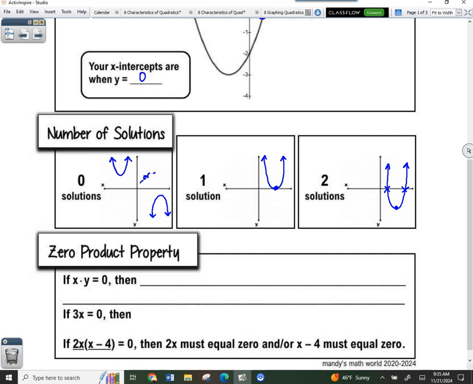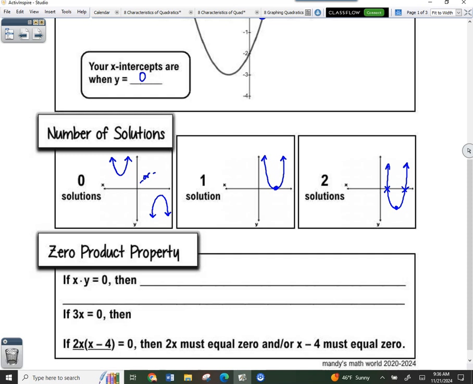Now, zero product property. Look at this real quick. If x times y equals 0, what can you tell me about x or y? We'll say it again. If x times y gives me 0, then what do you inherently know because of your number sense about x or y?